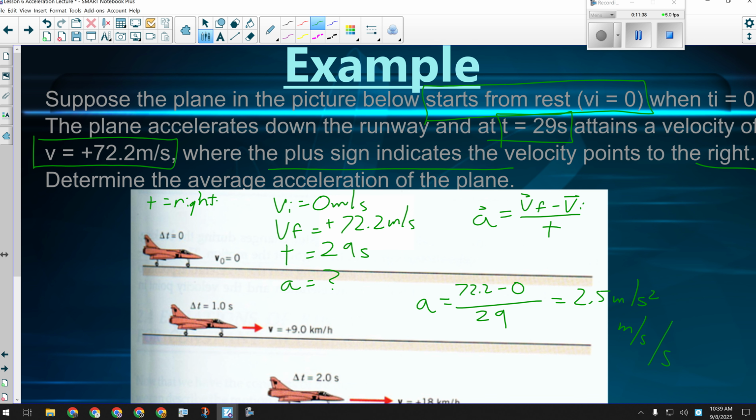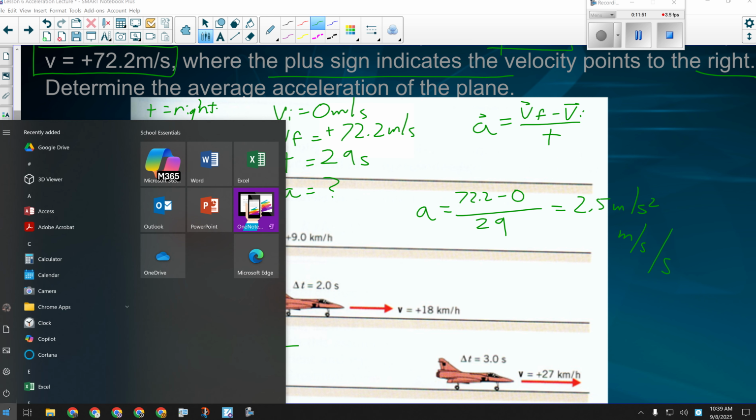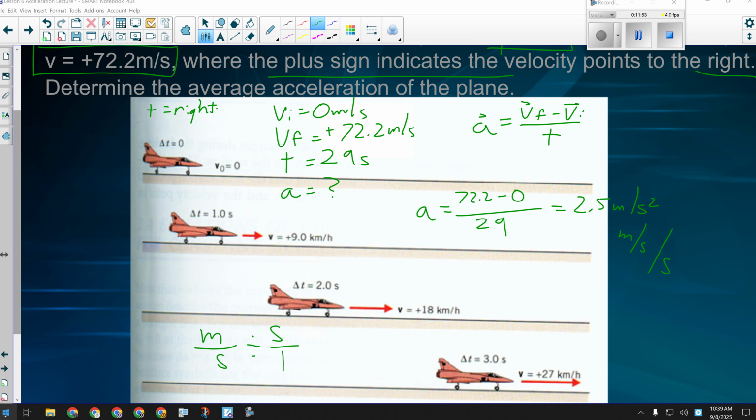The reason for that is what happens if you're doing fractions. If I have meters per second and I'm dividing that by seconds, that's seconds over 1. If I want to divide fractions, what do I do with the second one?